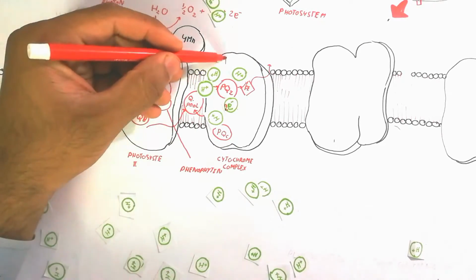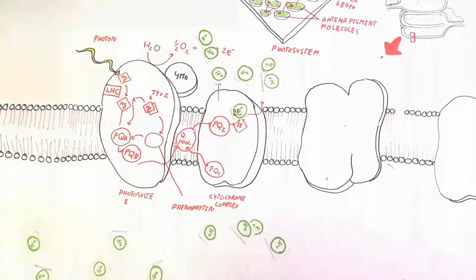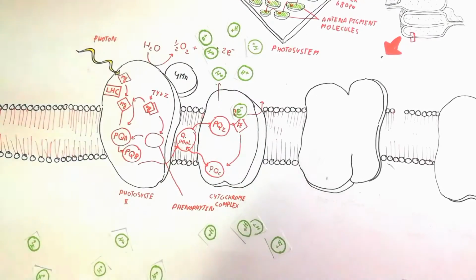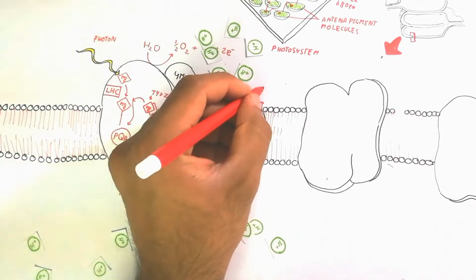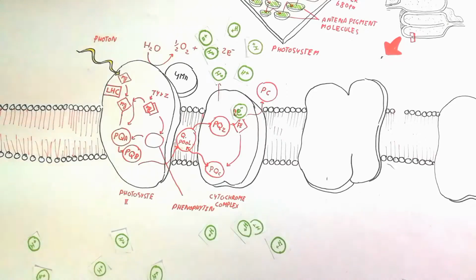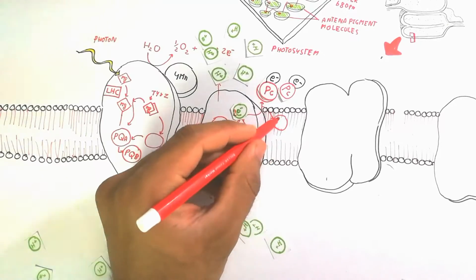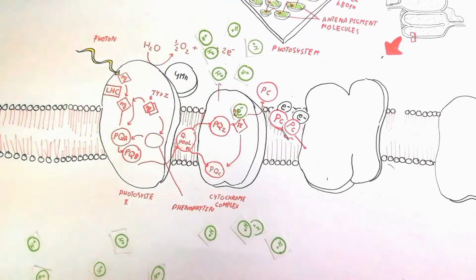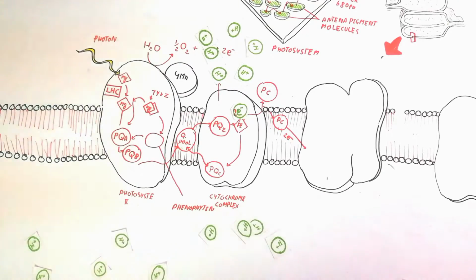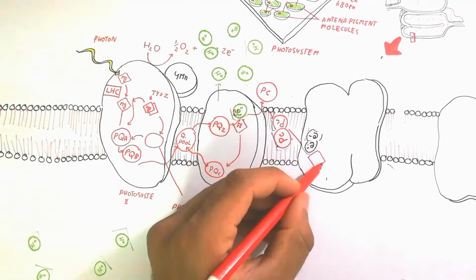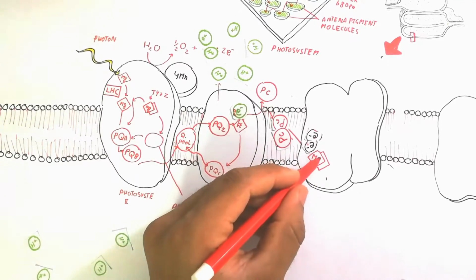The 4 protons go upward and the 2 electrons are accepted by the heme group. The heme group transfers them again toward plastoquinone, which again accepts 2 protons, and it goes back again. The cycle continues, and the 2 electrons are accepted by plastocyanin, a copper-containing protein.